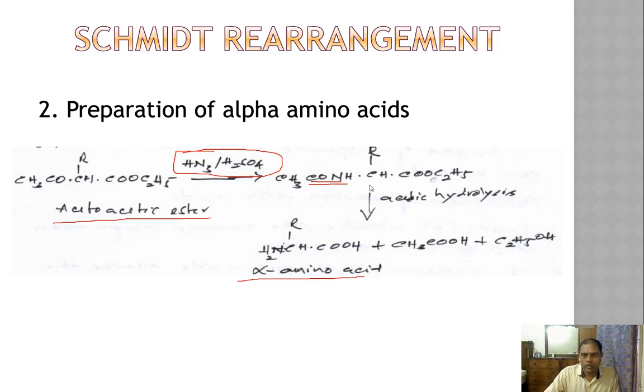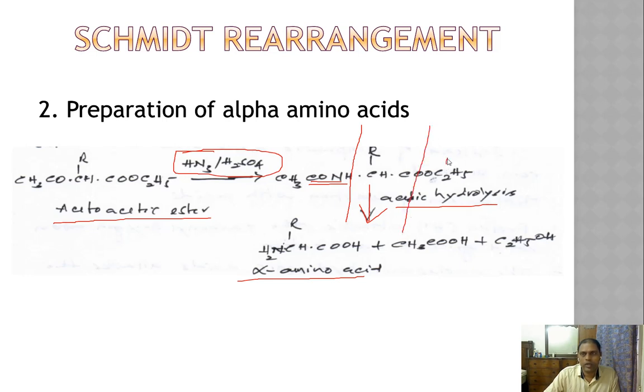We are going to continue this reaction. We are going to do acidic hydrolysis. We have to do the hydrolysis over here, then only this alpha amino acid is going to form. So hydrolysis is going to take place. This is going to break like this.